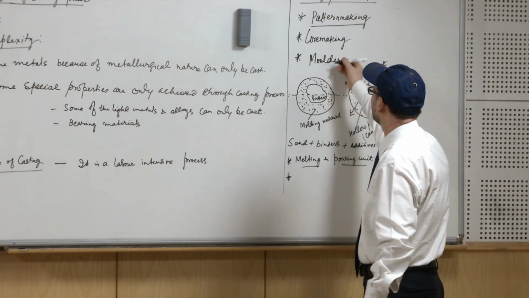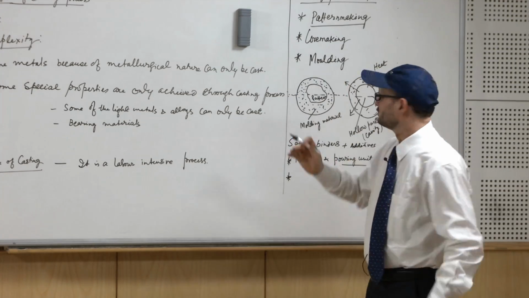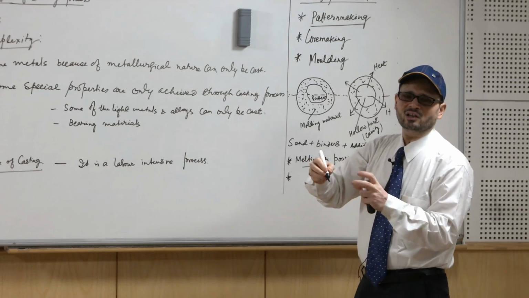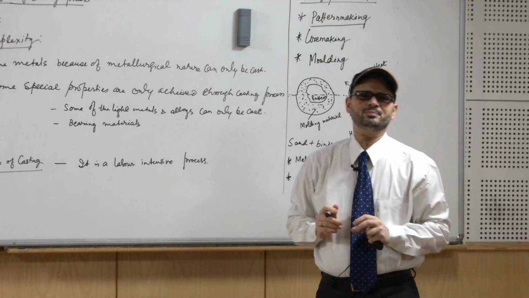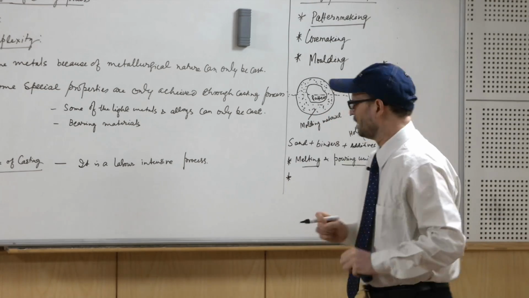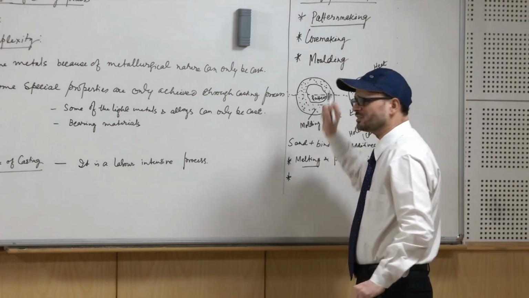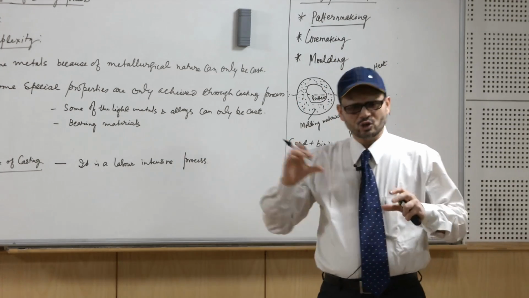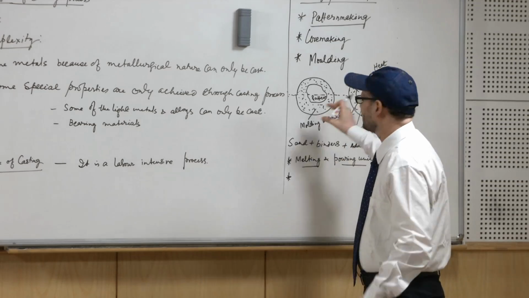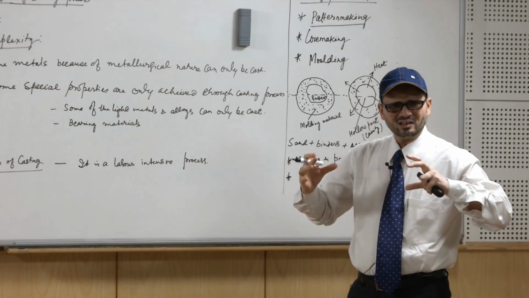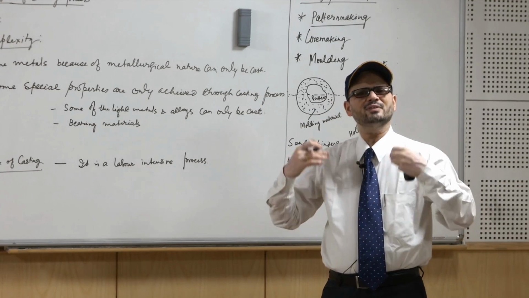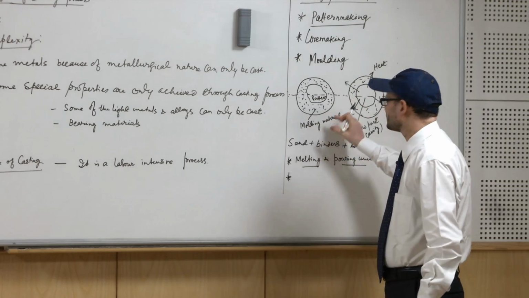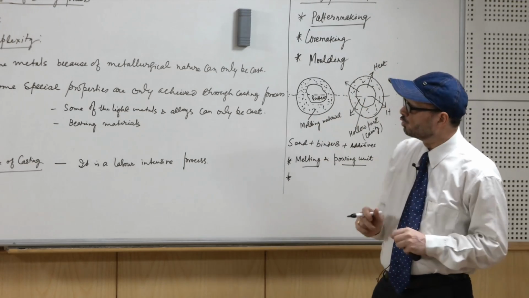So, you may have a mechanism for pouring the material through a funnel shaped attachment, or you may have a horizontal way to pass the liquid metal, or you may have a riser which takes into account the shrinkage. All these are to be removed.